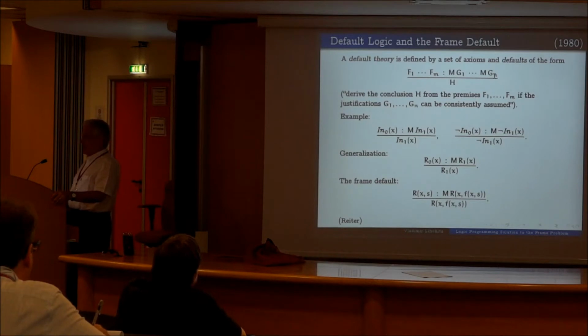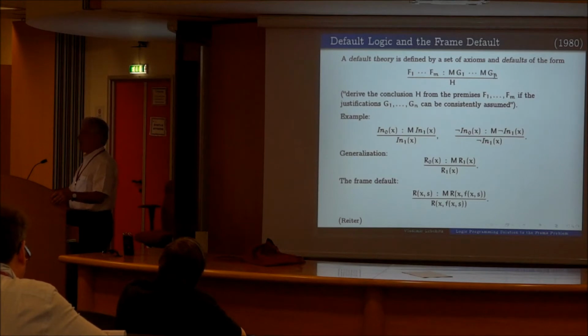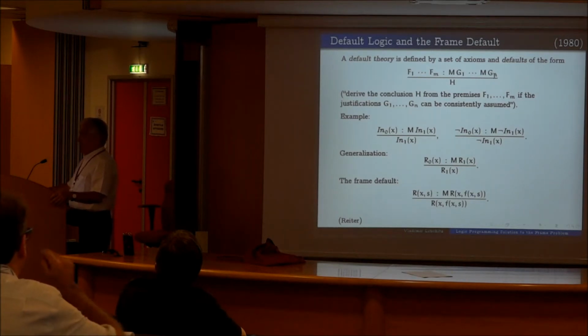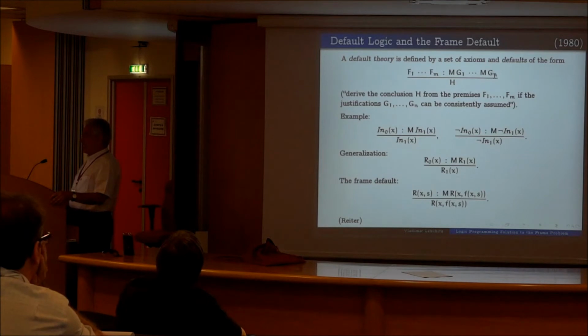And if we go back to this example, when we want to express this idea that the value of the predicate in remains the same when you move from time 0 to time 1, unless the value of in, which is a fluent, was affected by an action, this is what can be expressed by these two defaults.